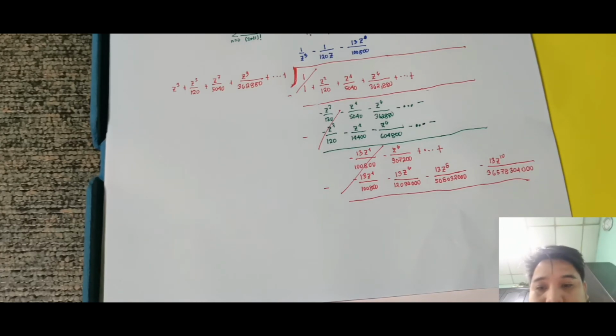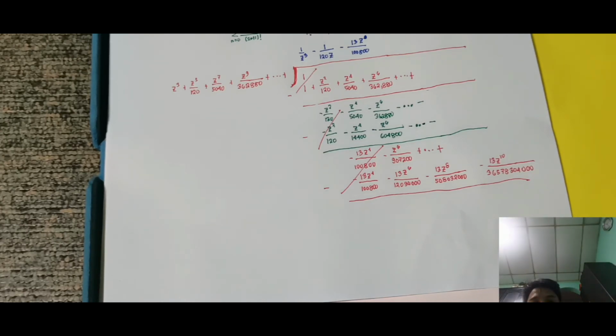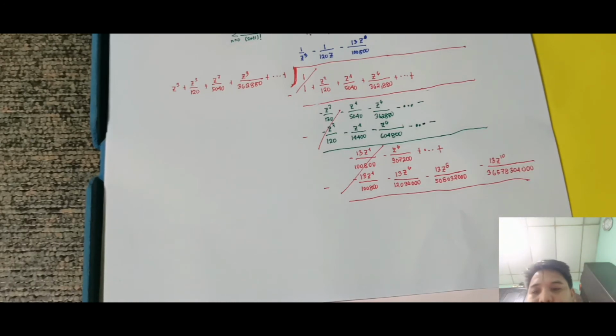Okay, then plus 13 over 120,096,000. That is 2 raised to negative 6 something. So, hindi na niya kaya. Okay, so hindi na medyo makatotohanan yung kaya ni calcu.